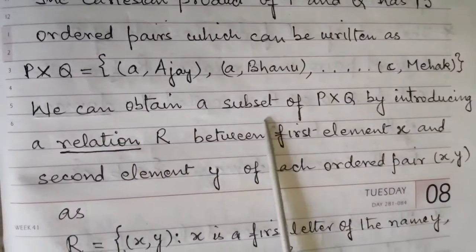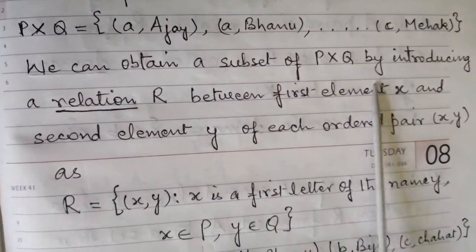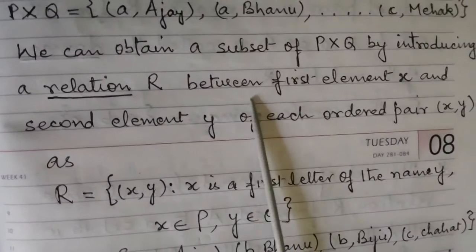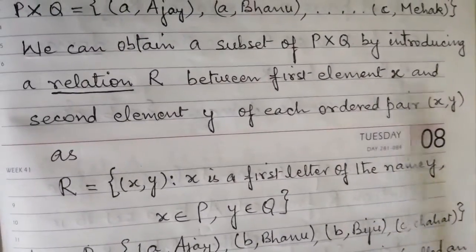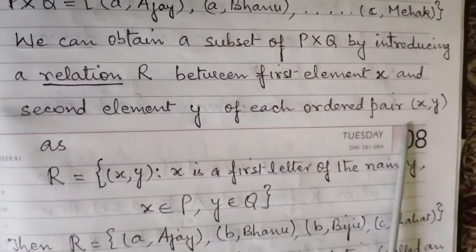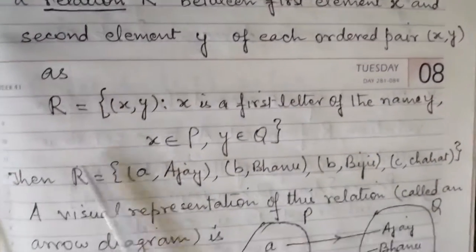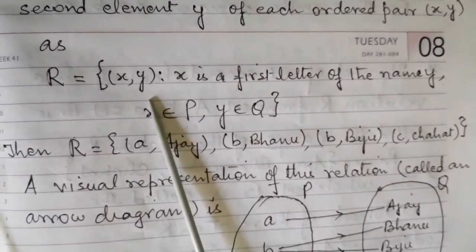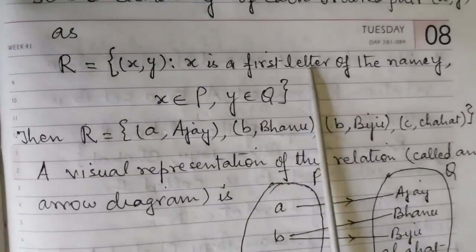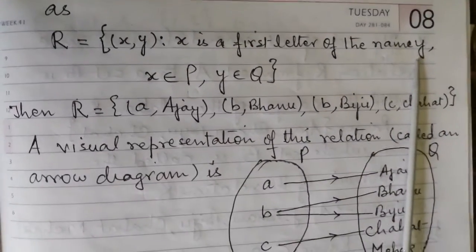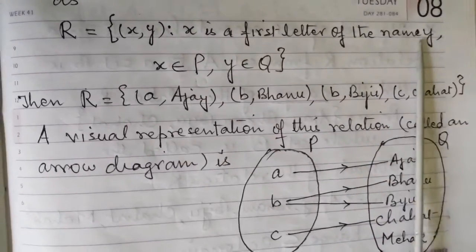Now we can obtain a subset of P cross Q by introducing a relation R between the first element X and the second element Y of each ordered pair X comma Y. As the relation I am taking X comma Y, where X is the first letter of the name Y, right?